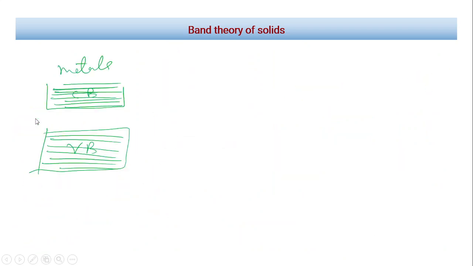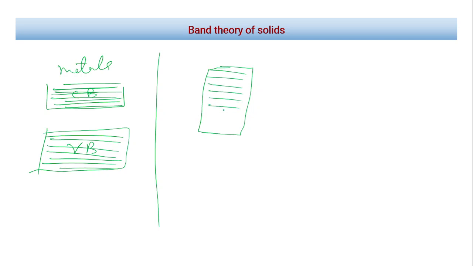only what matters is, if I have a situation like this, that I have a band completely empty. Empty means energy level is there, of course. Energy levels are there, but not occupied by electrons presently. So for clarity I'm telling you that when I'm saying band, band means this energy band.